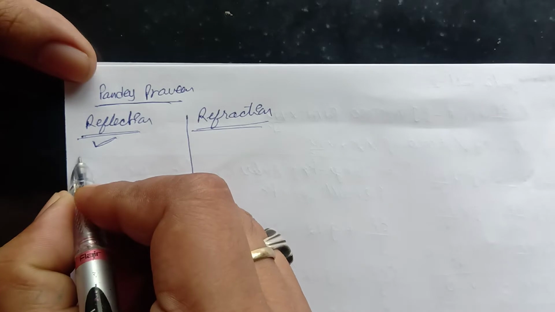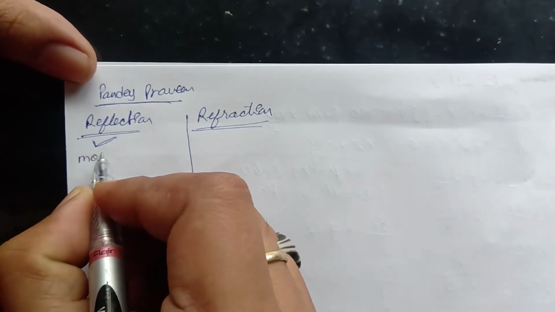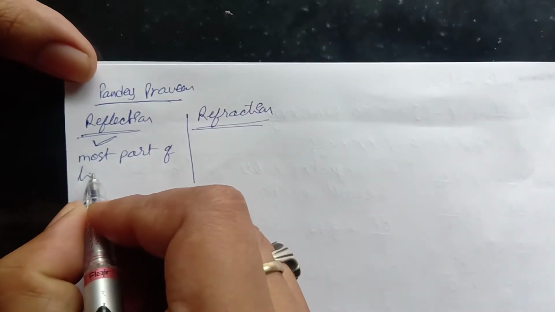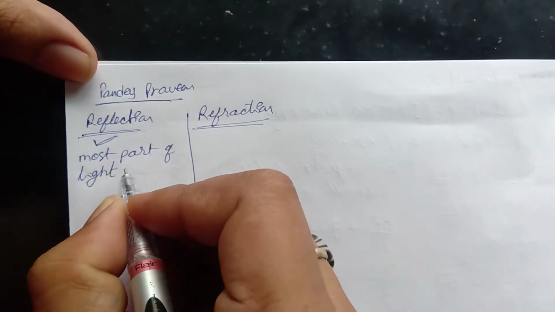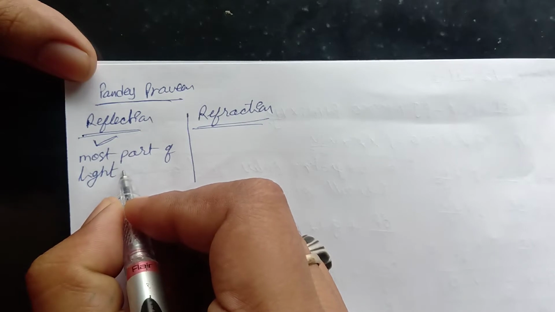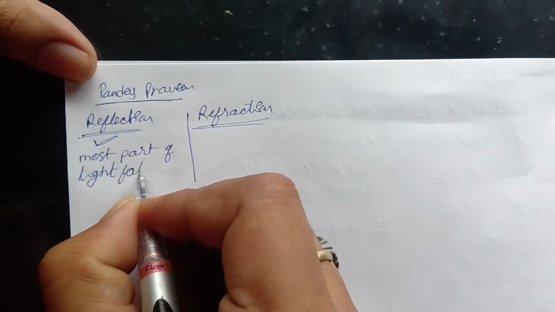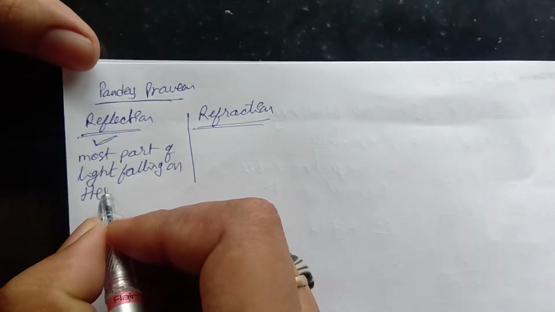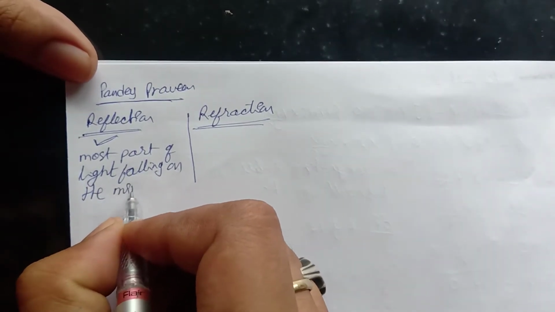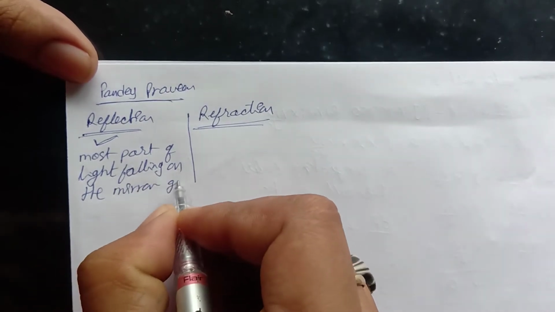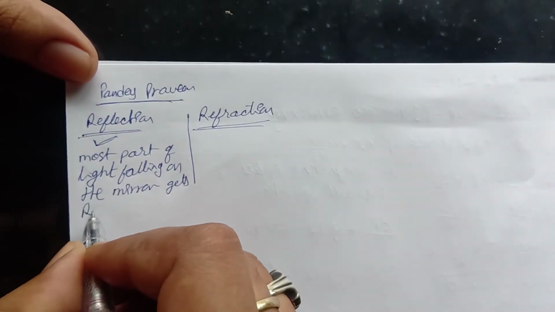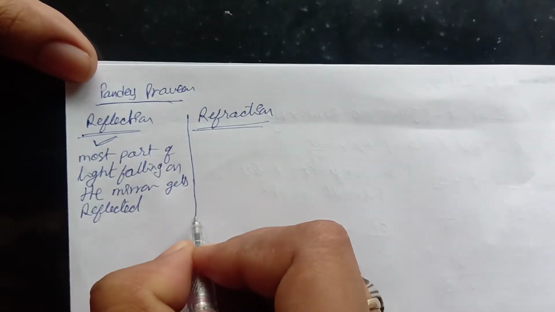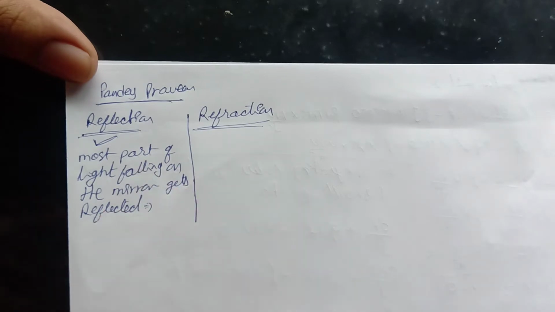So what we can say is that most of the light falling on the mirror gets reflected back, and such a type can be called reflection of light.